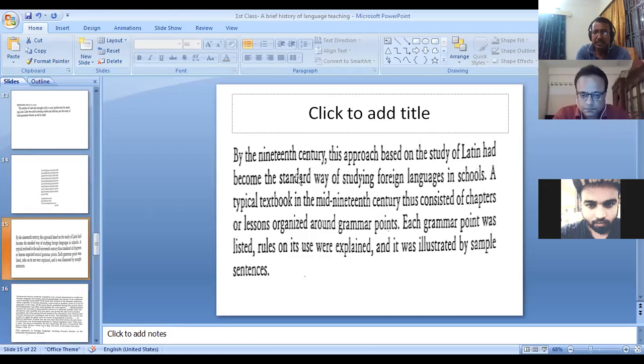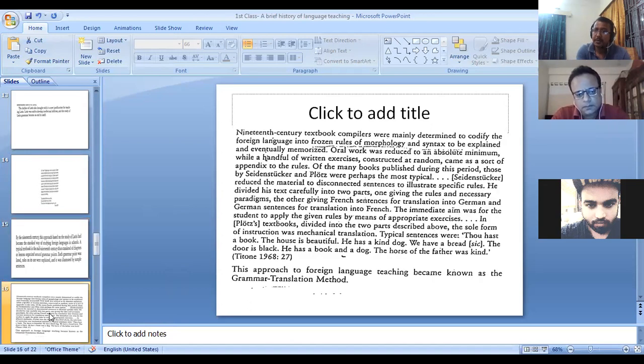By the 19th century, this approach based on the study of Latin had become a standard way of studying a foreign language in school. So up to the 19th century, we had been following grammar rules for learning a second language, the foreign language, especially English as well. And that method is called the grammar translation method.